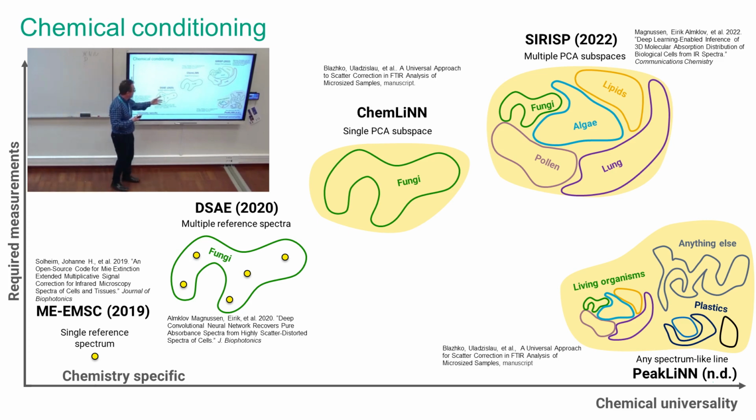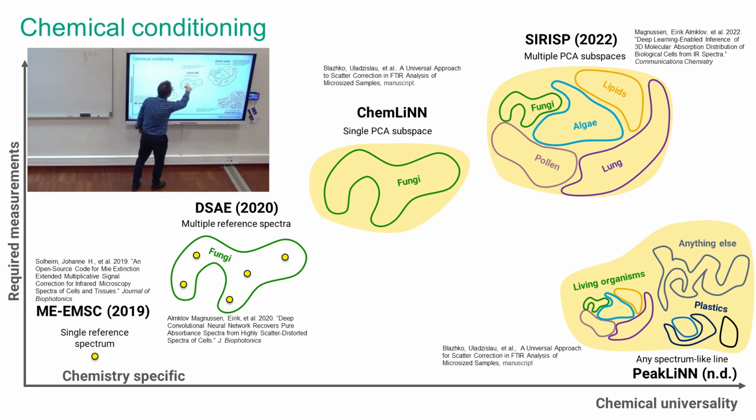If you, for example, look at this scatter autoencoder, which was shown by Christian, we used different reference spectra for correcting spectra, and afterwards trained this autoencoder on this. We are staying with these fungi.